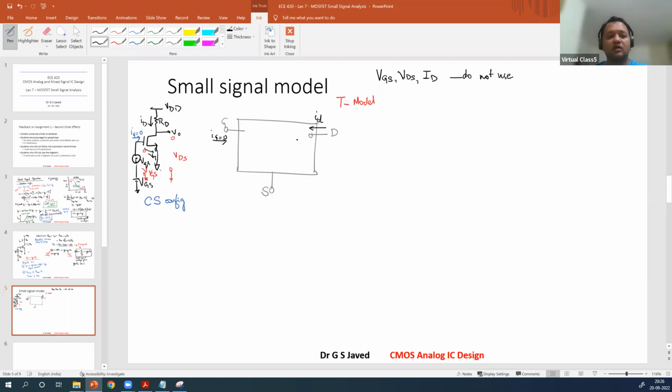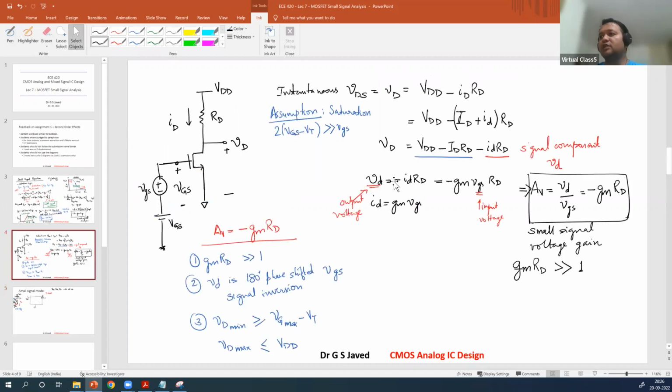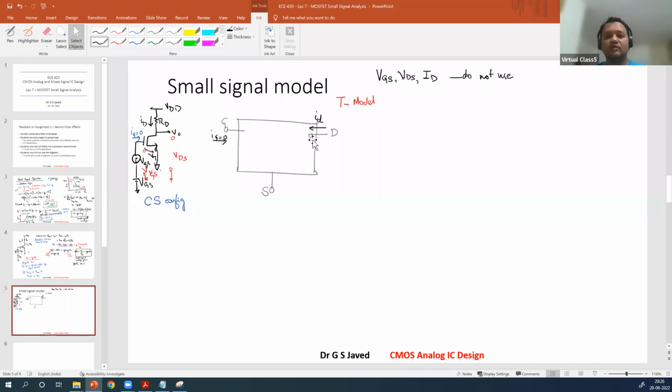Now, what is the output that we found? VD is equal to minus gm vgs times RD.